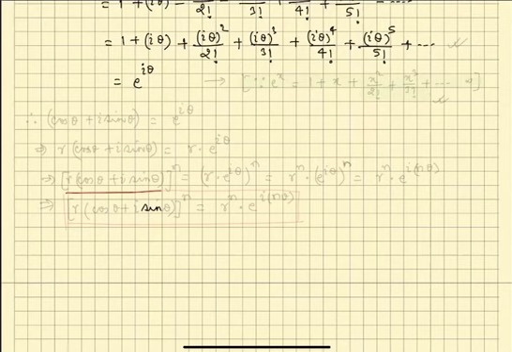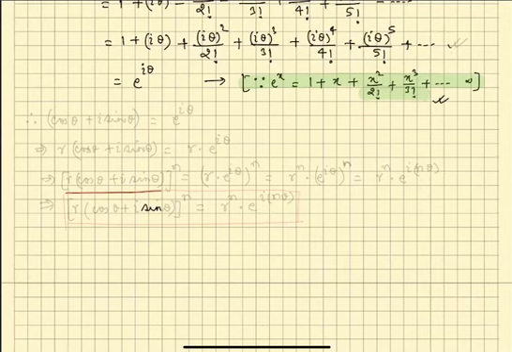Since e to the power x equals 1 plus x plus x squared by factorial 2 plus x cubed by factorial 3 plus dot dot dot up to infinity, if in this series I put i theta in place of x, I will be getting this very series.